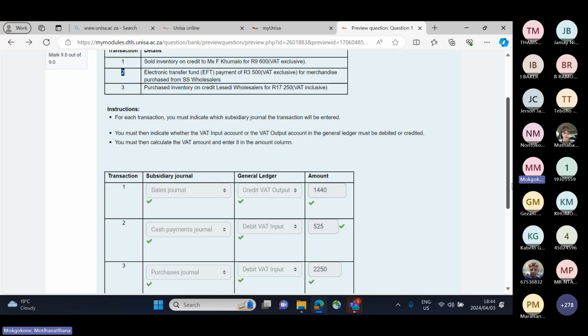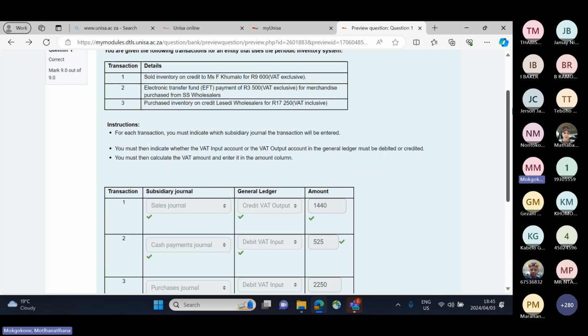Here remember the business purchased inventory on credit. Maybe let's exclude VAT a little bit. You can identify two accounts involved when the business purchased on credit: purchases and Lesedi wholesalers, which is our trade payables, before we include VAT.